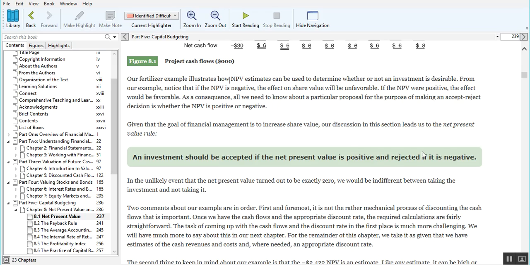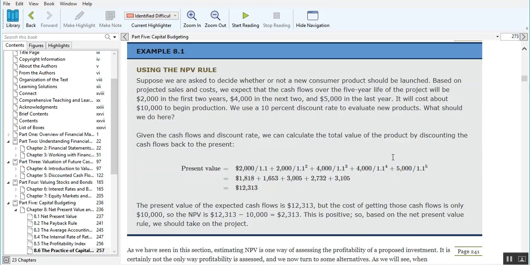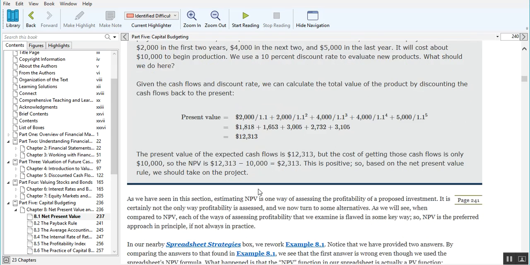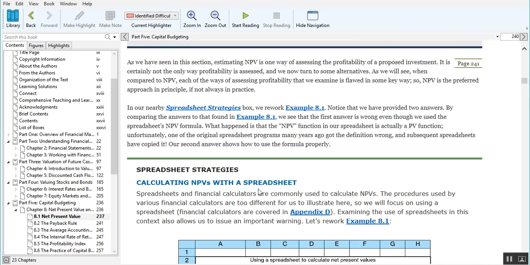If it's negative, we're going to reject it. So an investment should be accepted if net present value is positive and rejected if it's negative. Okay, so when we use the net present value rule, there's another example of it here. We're going to compare the recovery to the initial investment to decide whether we want to actually do that.